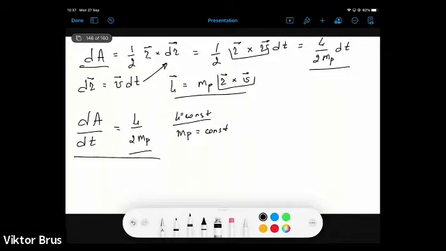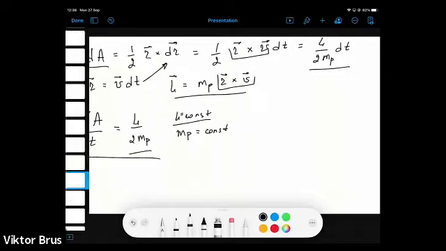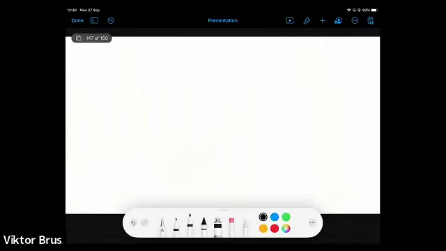So now we are approaching Kepler's third law, and it states the following. Let's go to the other slide.